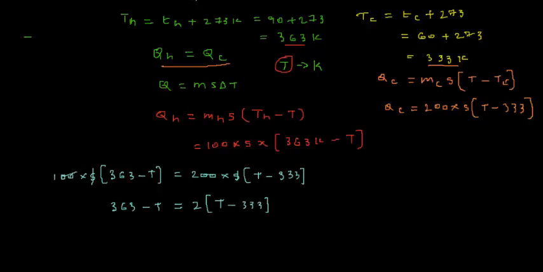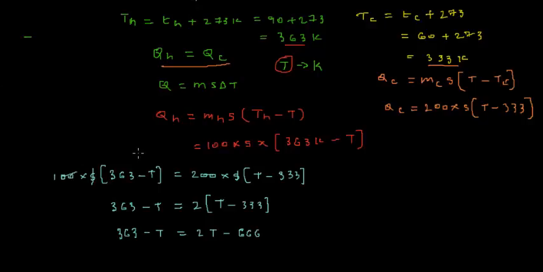Now let us solve this one. 363 minus T is equal to 2T minus 666. I'll be bringing T terms onto one side and constants onto the other side.